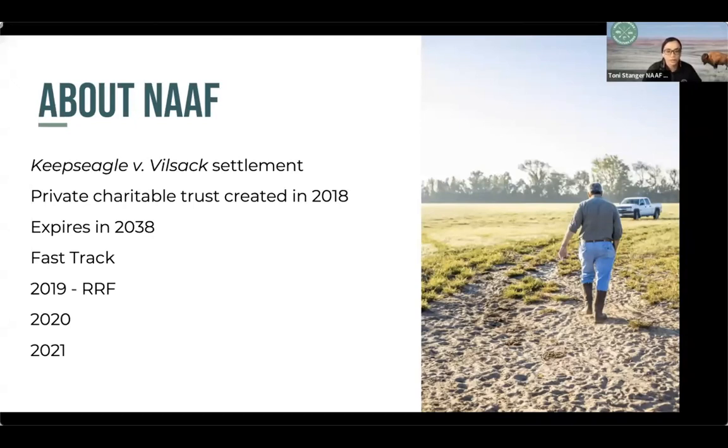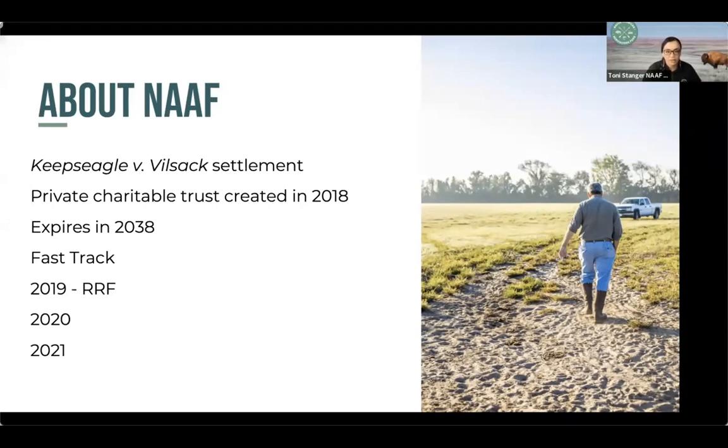Each year we will do a granting cycle. This is our fourth granting cycle. Prior to NAAF's establishment, there was additional funding that went out that was part of the original Keepseagle agreement, and that was called Fast Track. The Fast Track funding was provided prior to NAAF's inception, but you might see some of the original Fast Track grantees have been NAAF grantees as well.